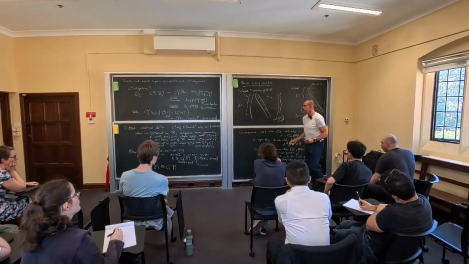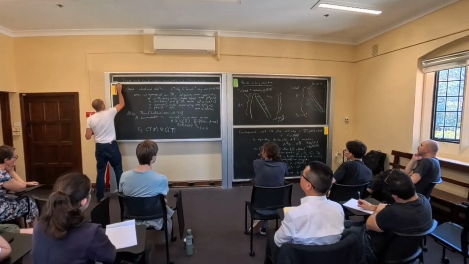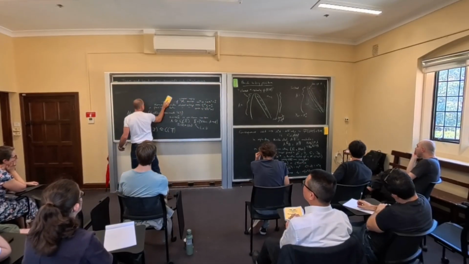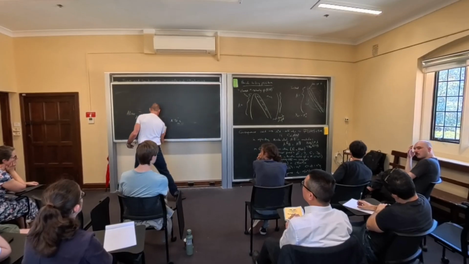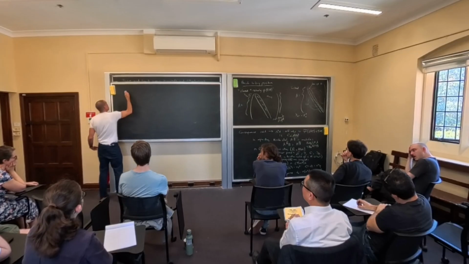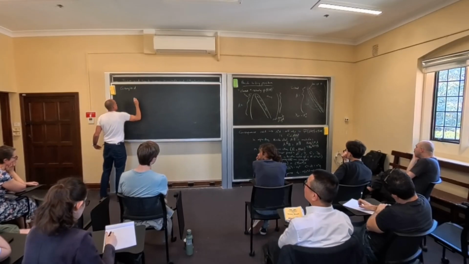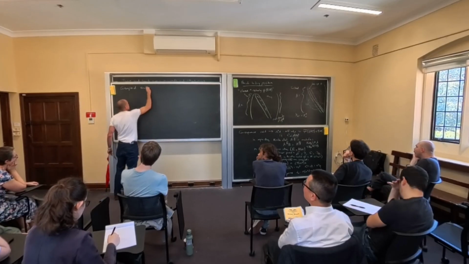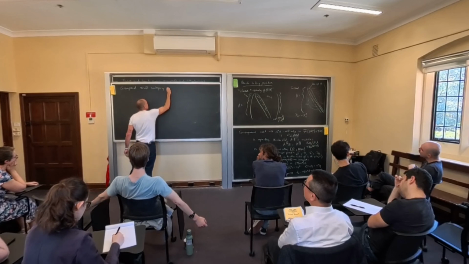So what's a groupoid? So a groupoid is a small category with inverses.